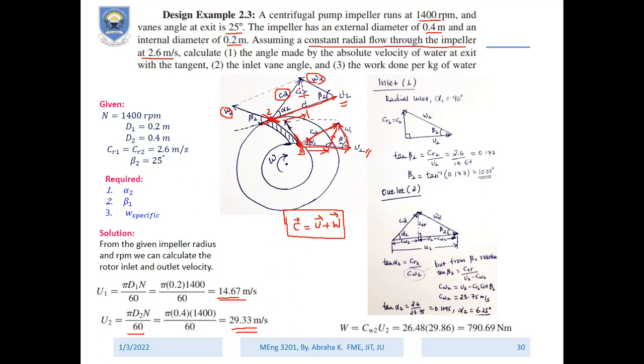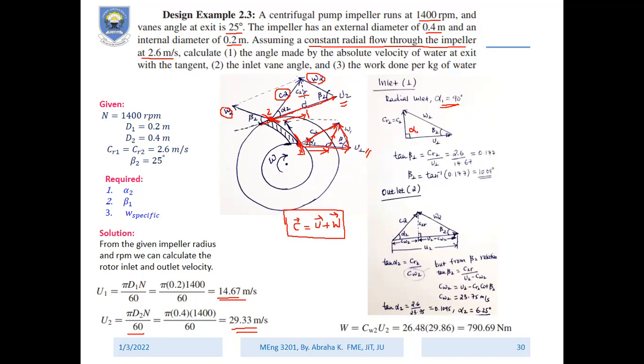From the inlet velocity triangle, the statement says the flow enters radially. That means alpha 1 is 90 degrees, or the angle between the flow velocity and the rotor velocity is 90 degrees.